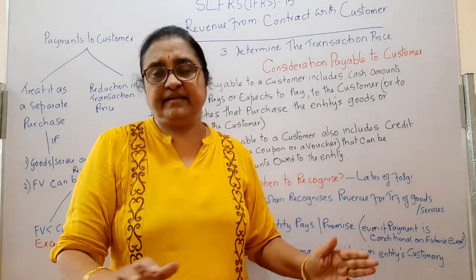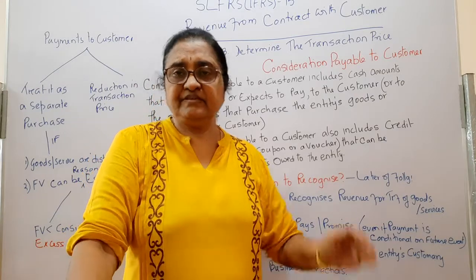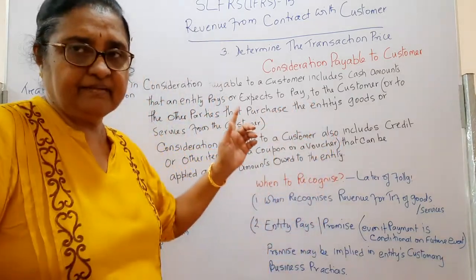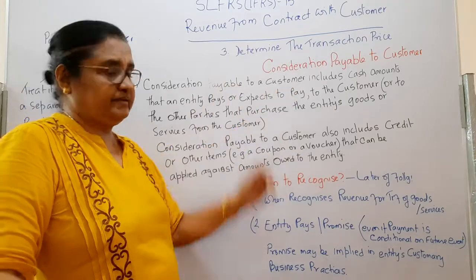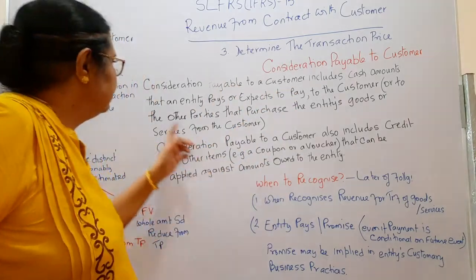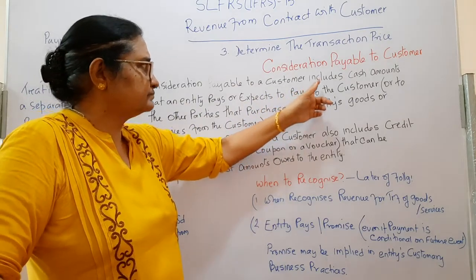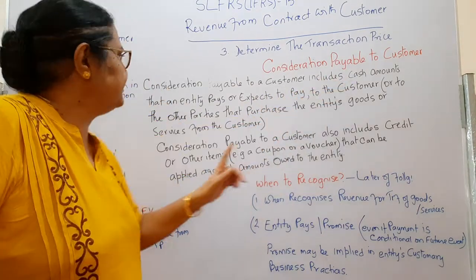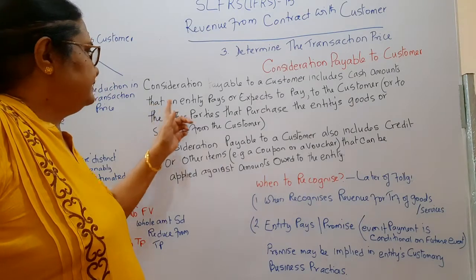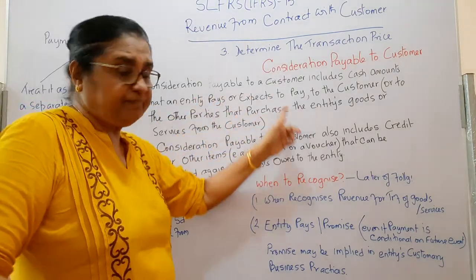To simplify, first of all, let's see what the standard says about payment to the customer. I will read it. Consideration payable to a customer includes cash amounts that the entity pays or expects to pay.